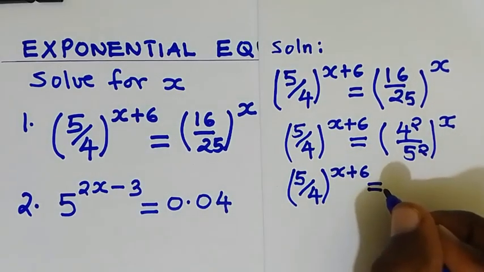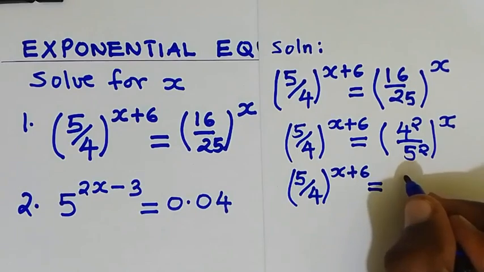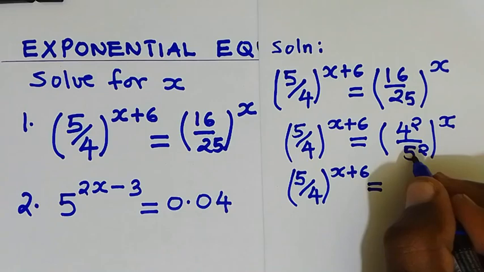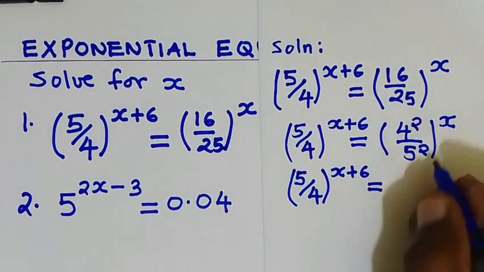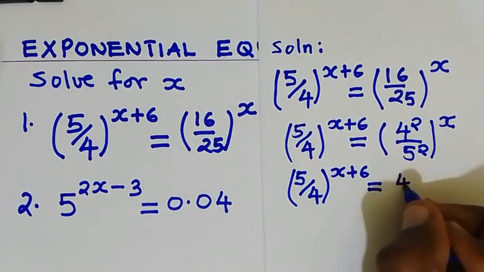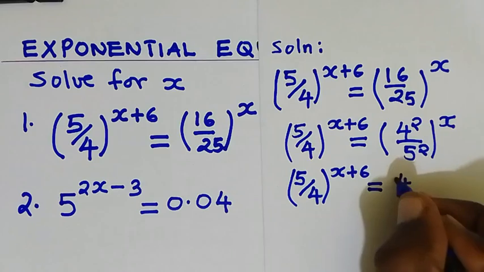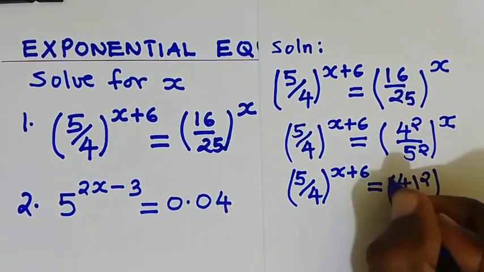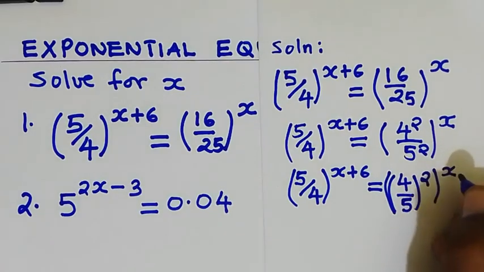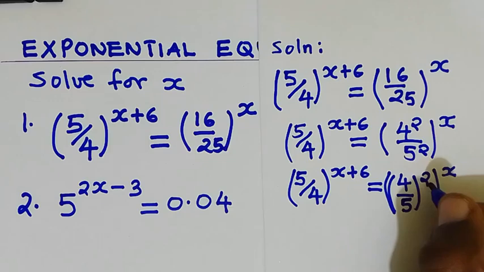This is equal to, I'm going to put 4 over 5 in the same power of 2. That is going to be (4/5) power 2, then power x. Then I'm going to multiply the power, that is 2 multiplied by x.